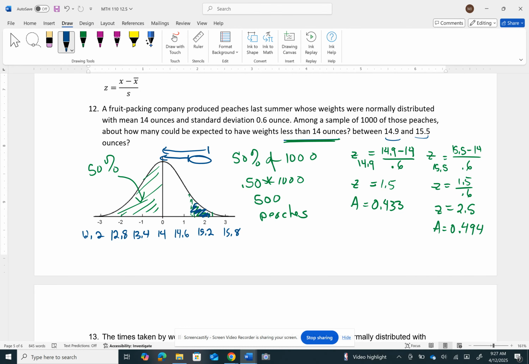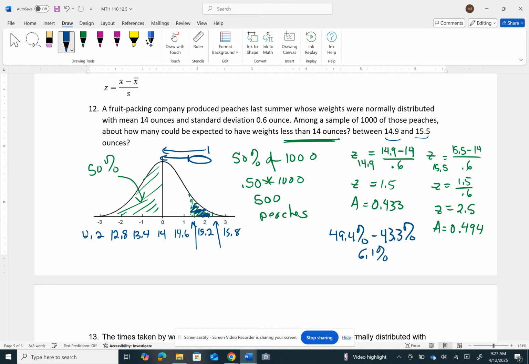So I want that. So it's a subtraction problem. See how those z-scores are on the same side of the mean? So I would need to subtract them. So I'm going to take the 49.4% and subtract the 43.3%, and that gives me, what is that, 6.1%.